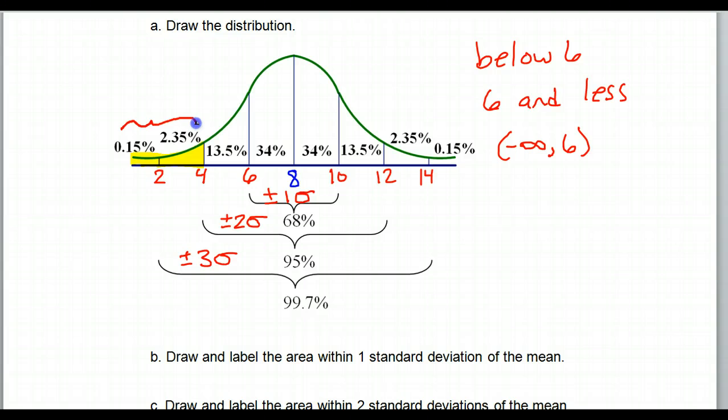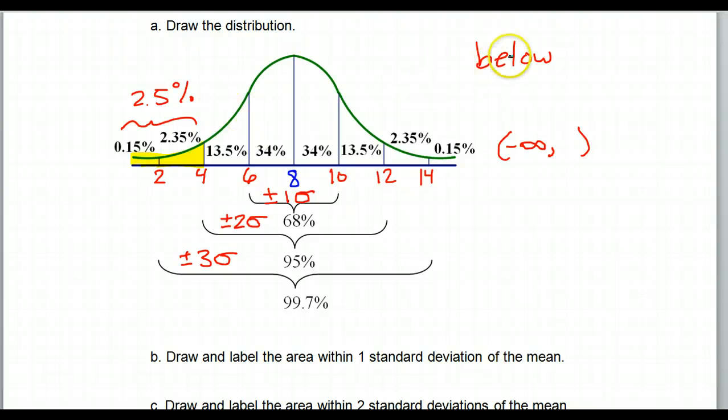Just these two zones together make our 2.5%. This range ends at 4, but where does it begin? Again, it begins at negative infinity. So if I wanted to describe this, I could either say below 4, or I could say negative infinity to 4.